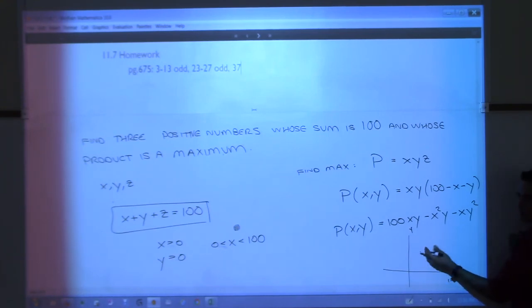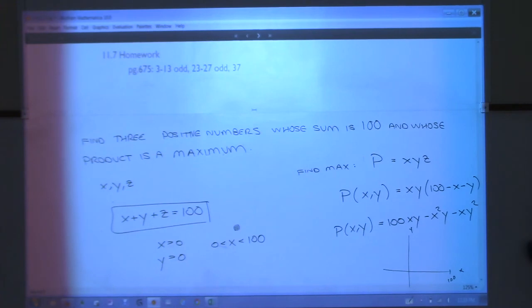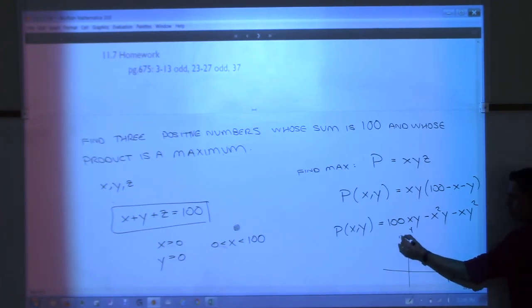That would work, and z would have to be 0. So maybe there's some relationship between the two. Like, if y was 100, x would be 0, and if y is 0, x would be 100. So like 100 here, and just a line like this.